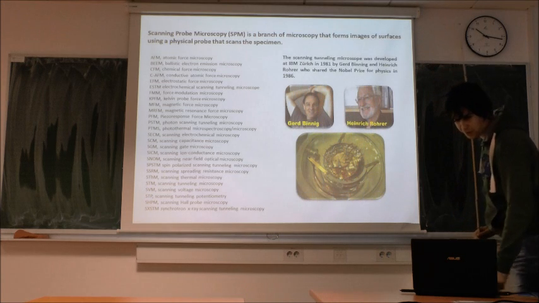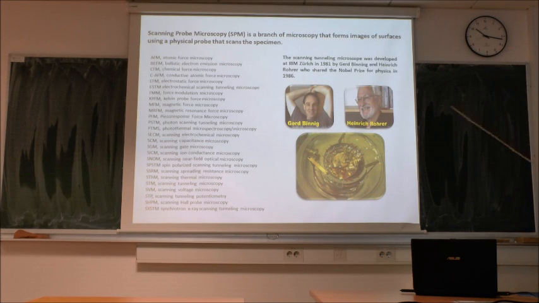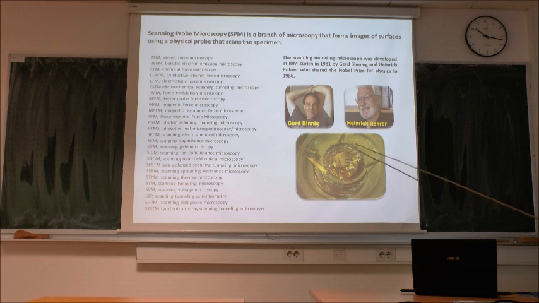A little bit about the history of STM. It was developed, not basically invented, but developed at IBM in Zurich in 1981. These two guys shared the Nobel Prize for Physics for their invention. And this is the first prototype of STM. It was on permanent magnets in a lead ball, and this was cooled with liquid helium.